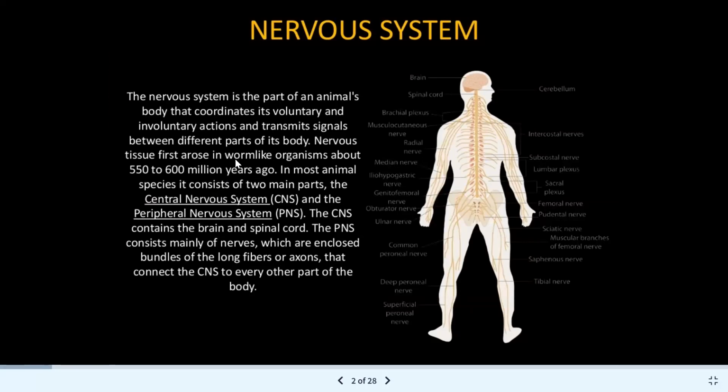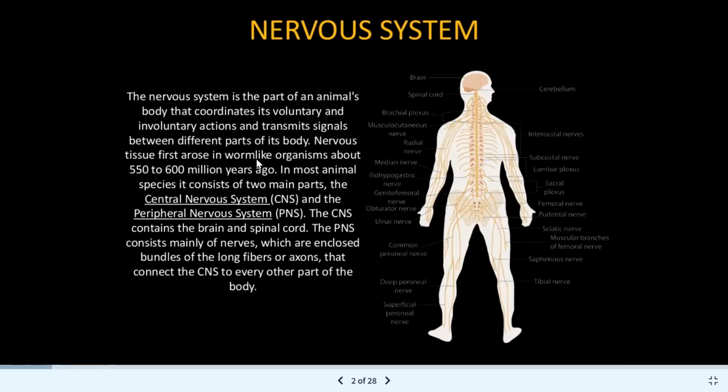You can see these lines. Nervous tissue first arose in worm-like organisms. This indicates that before 550 to 600 million years ago, this system was first seen in the worm-like organism.